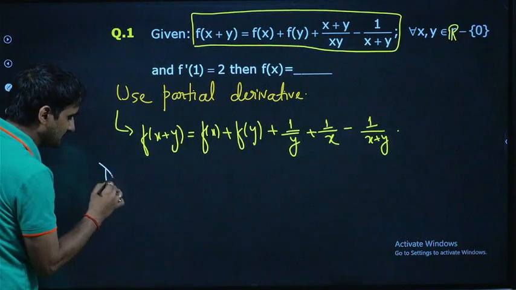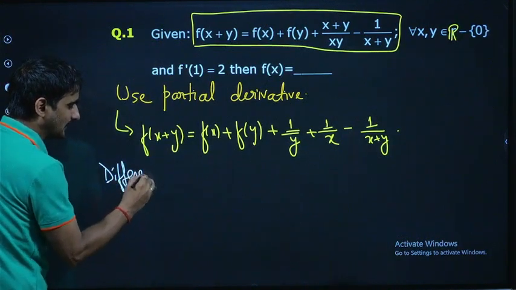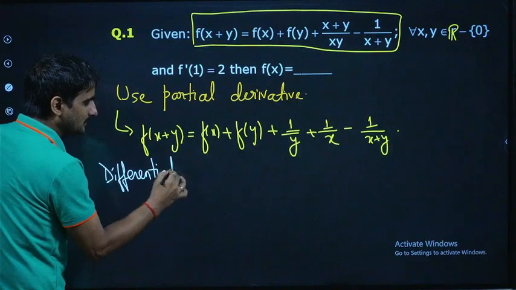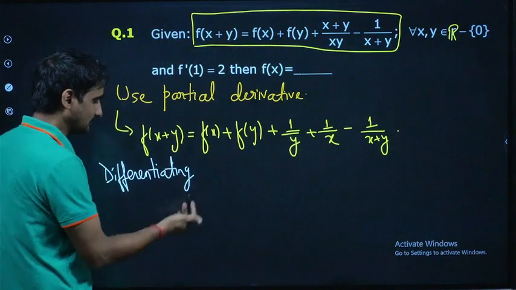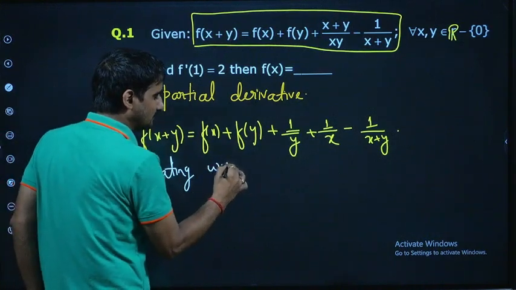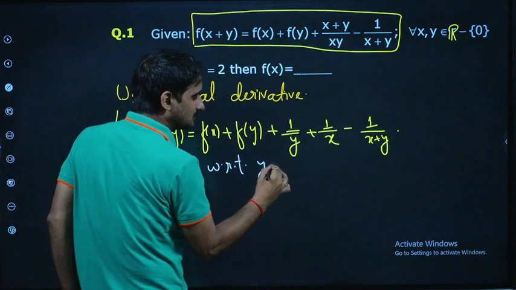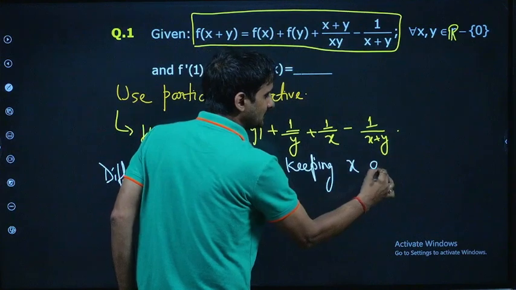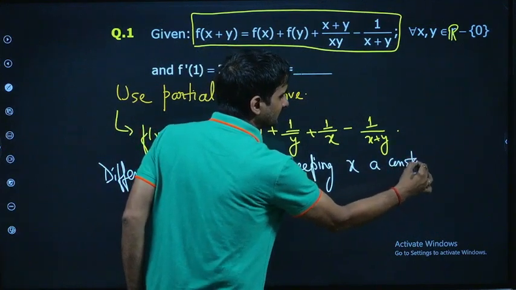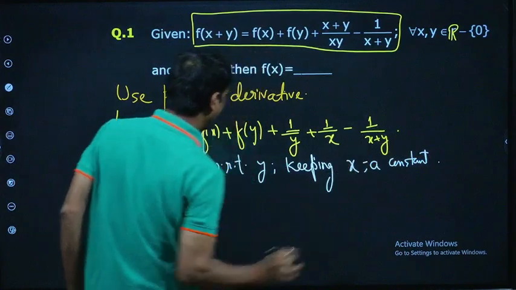So I will say differentiating with respect to y. We might be required to differentiate both with respect to x and y. Let's see how we get it. Differentiating with respect to y, keeping x as a constant.